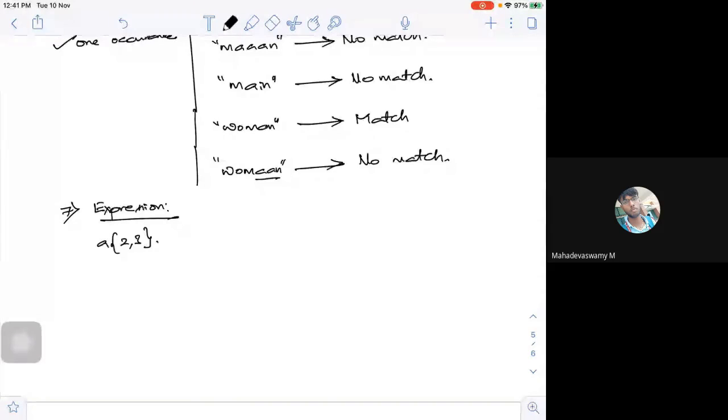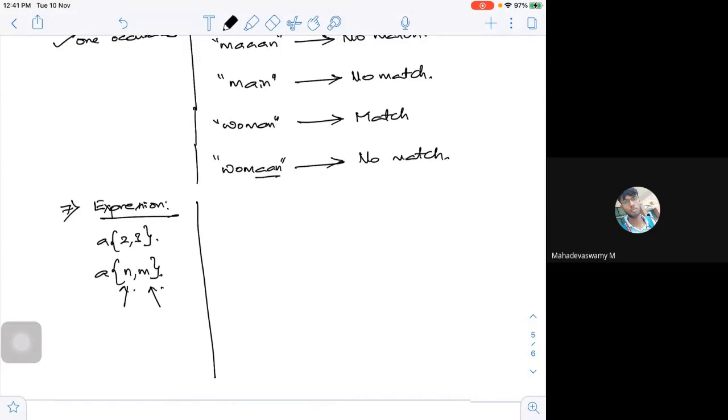What do you mean by it actually? The A{N,M} means at least N times, at most M repetitions of a pattern.